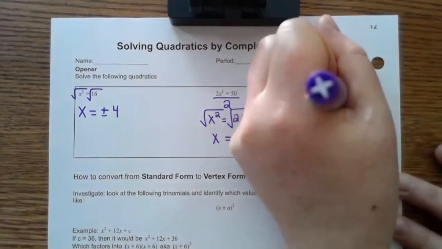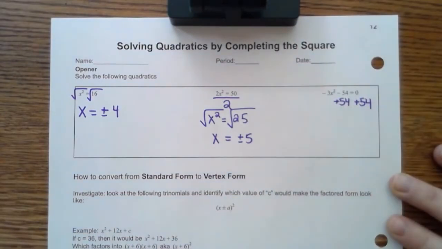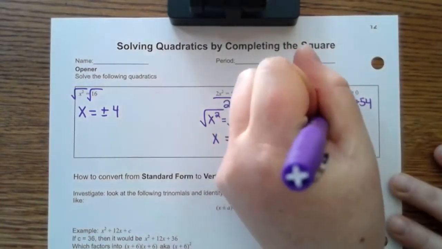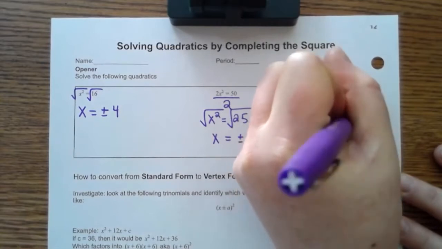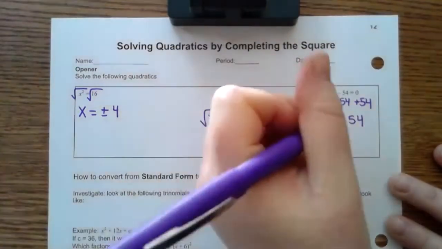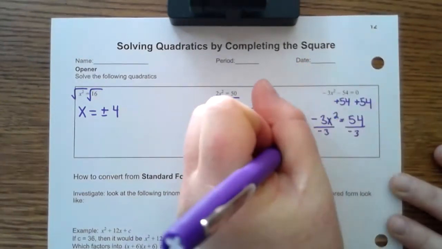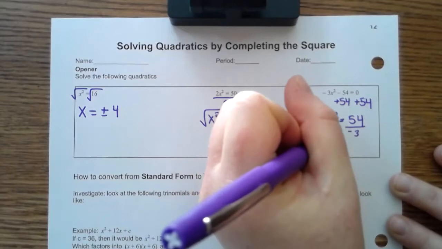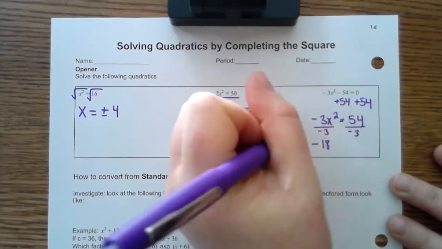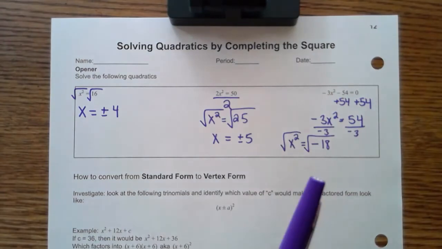Okay, let's try the next one. I'm going to add 54 to both sides. I get negative 3x squared equals positive 54. When I divide by negative 3 on both sides, I get x squared equals negative 18. I take the square root of negative 18. And in algebra 1, we'd say, oh, no solution, we're done.